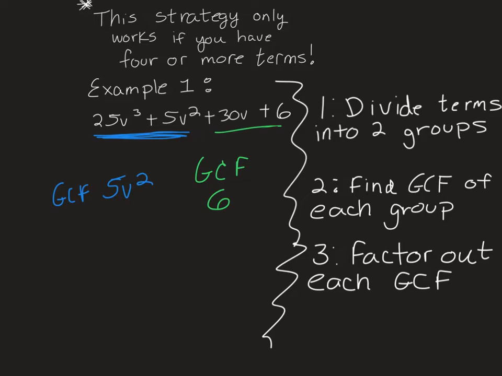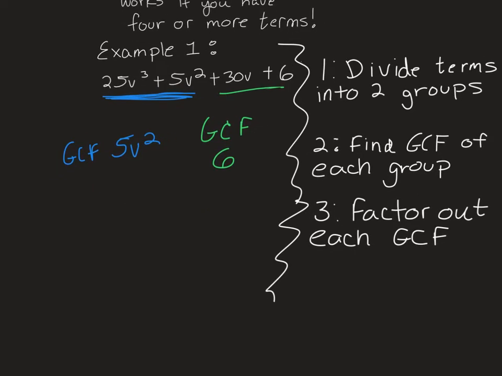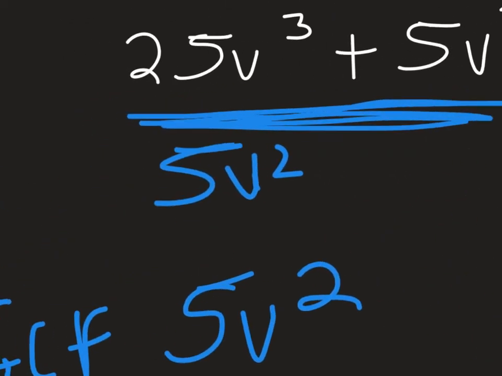The first thing I need to do is write down that greatest common factor, the 5V to the second, and figure out what is going to be left over in these 2 terms after I factor out a 5V to the second. So I'm going to zoom back in on that blue group for a minute.